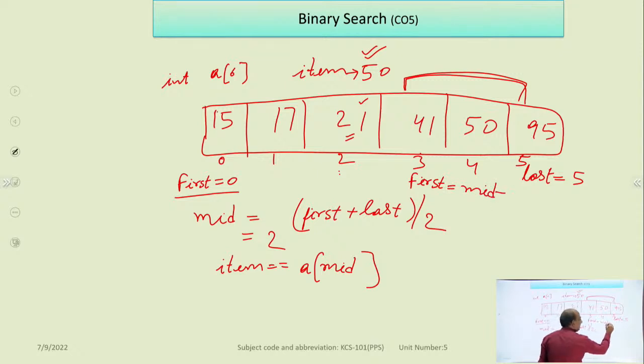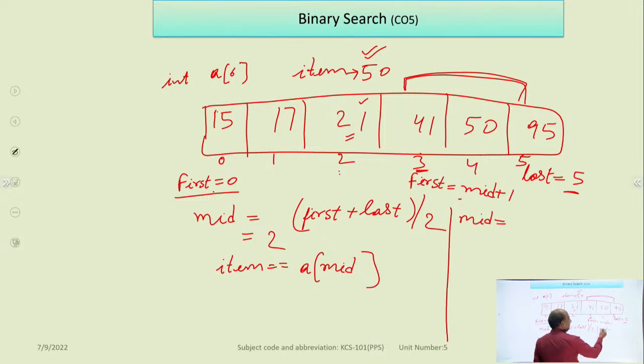Since the item to be found is in the upper half, we move first to the mid plus 1 position. Now this mid plus 1 becomes the first index and this is the last index, and we will again find the mid position. We will do it in a loop, so it will keep on performing repeatedly.